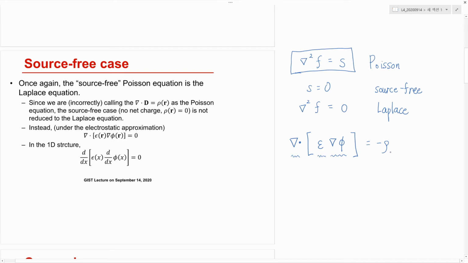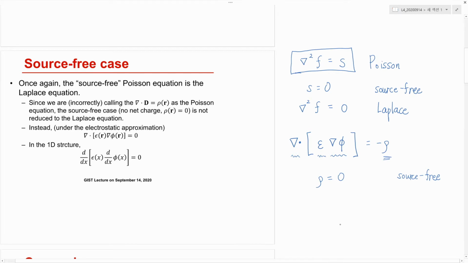So think about once again the source-free condition. When we say source-free condition, it means that we have no net charge density everywhere in our system. So rho equals 0 at every position, our charge is perfectly balanced.